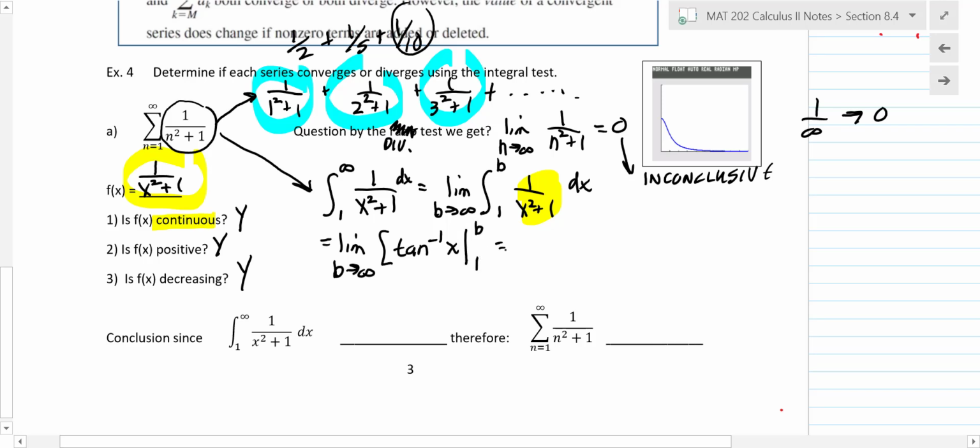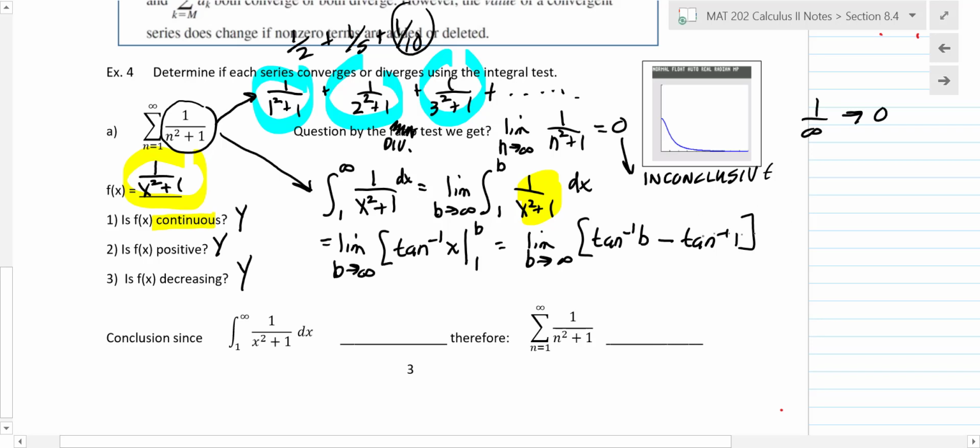One thing I noticed on your test is a lot of students would get there, but then they wouldn't evaluate the b and 1. You've got to do that before you do the limit. So we're going to do the limit as b goes to infinity of inverse tangent of b minus inverse tangent of 1 like that. Okay? So we need to do that.